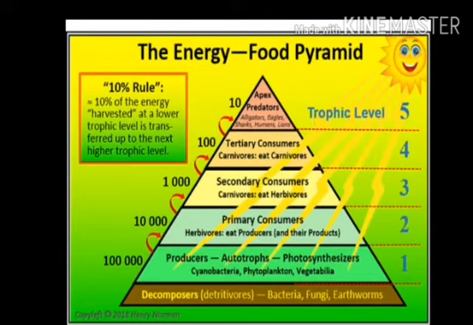In this pyramid, at the first trophic level, you are observing producers, that is autotrophs, preparing food by themselves, the plants, in the process of photosynthesis. We get energy from the plants.